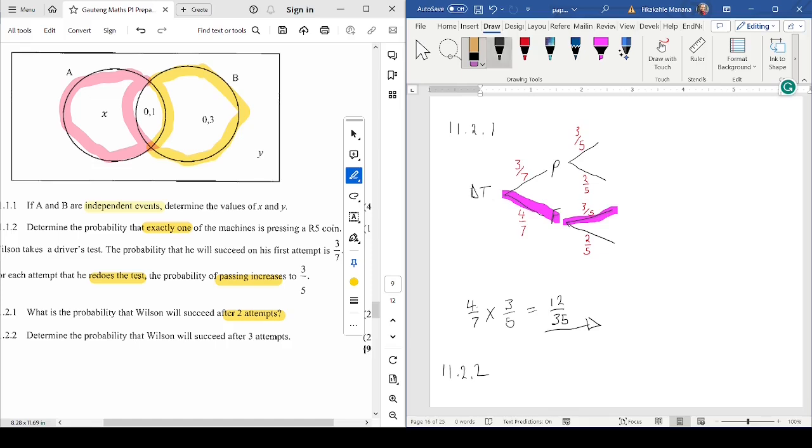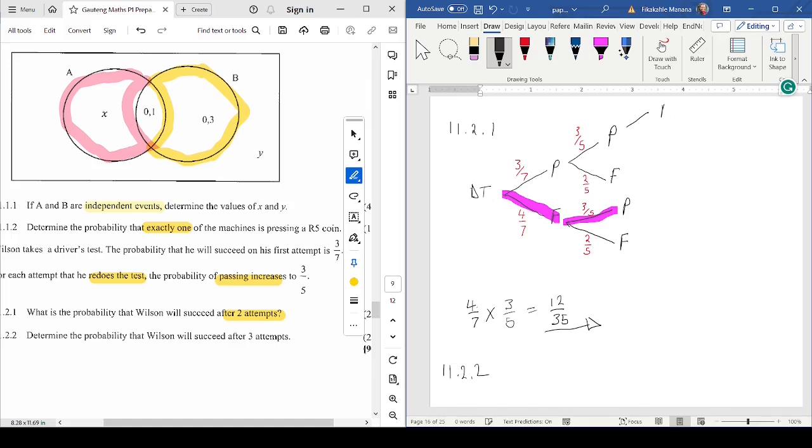We need to make an addition. Oh, I rubbed this one here, and I need it. That's pass, fail. The third level looks like this.